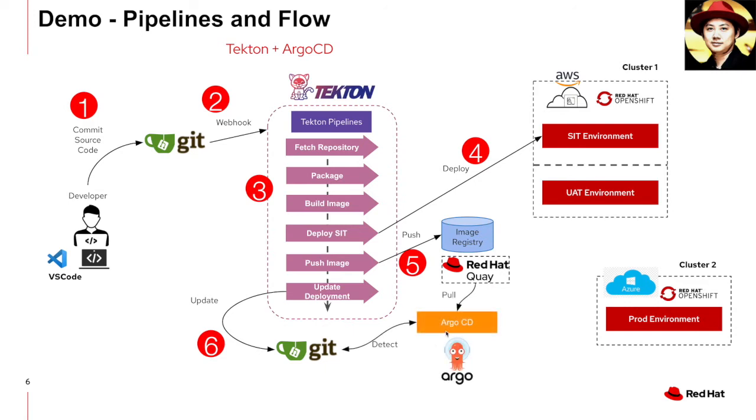So ArgoCD will detect from this Git repository that there's a new image release, and according to that image information, it will pull the latest image from my Red Hat Quay and deploy it into my UAT environment automatically.